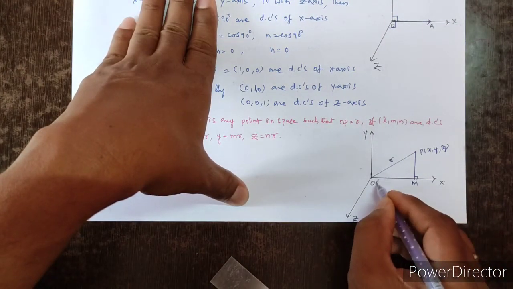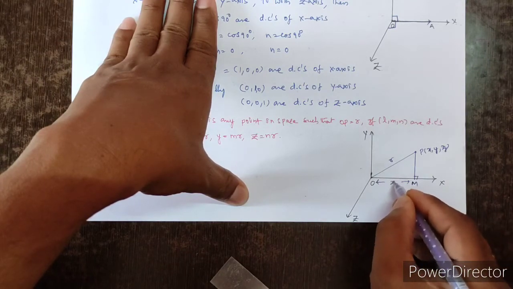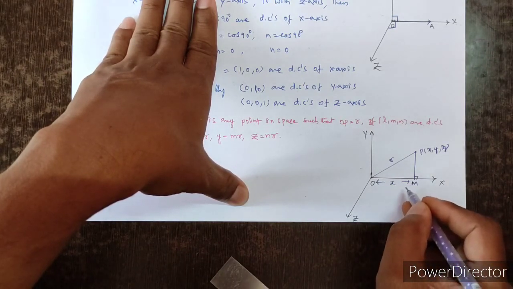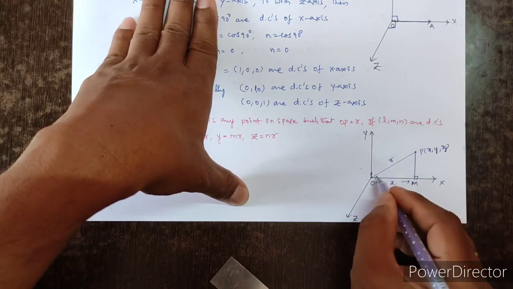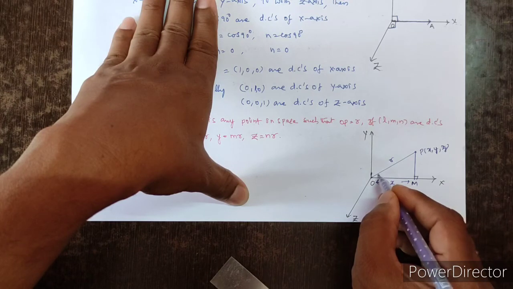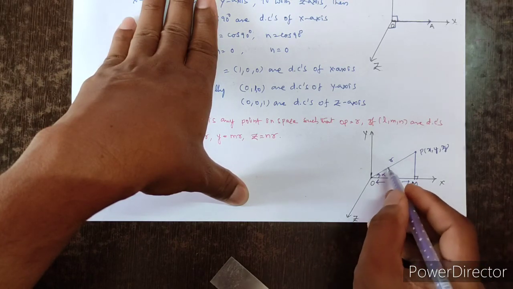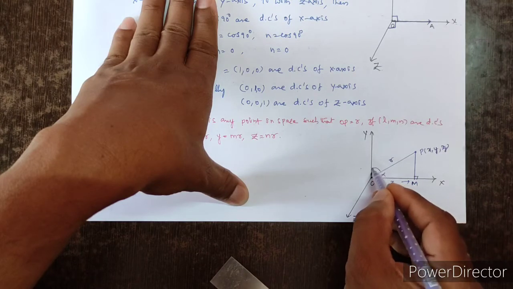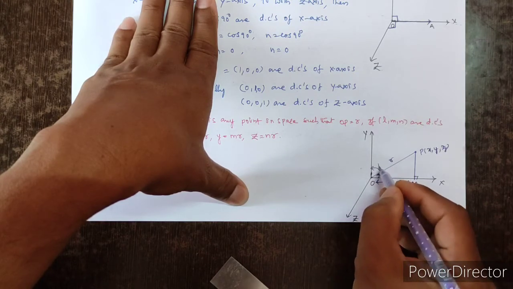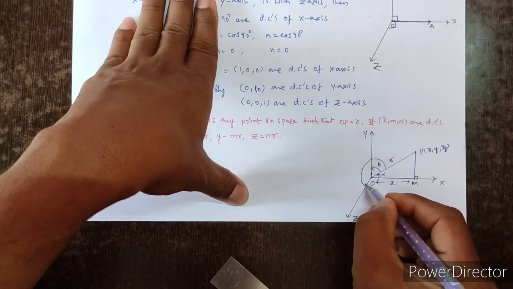The length OM is small x, and the OP ray makes an angle alpha with the x-axis, beta with the y-axis, and gamma with the z-axis.